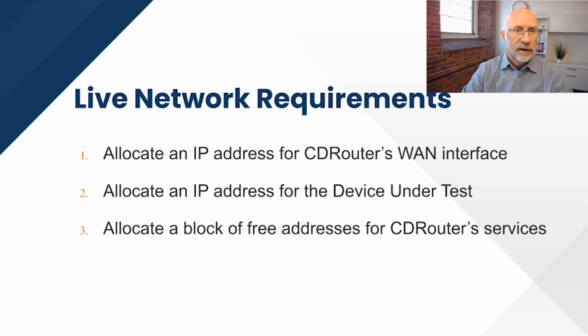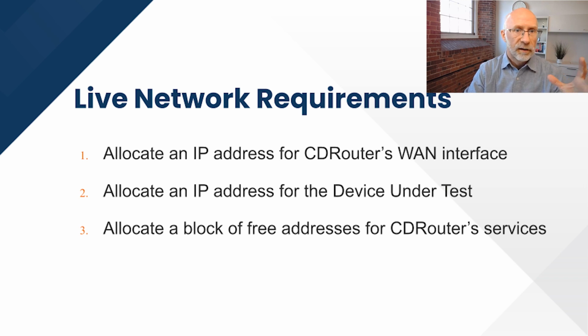Then you're going to need to allocate a block of free addresses that aren't used anywhere else in your network. These are going to be reserved for CDRouter's servers like DNS, NTP, the TR69 ACS, the USP controller, etc. Any HTTP servers or other servers that CDRouter creates dynamically during testing are also going to be in this free address block.